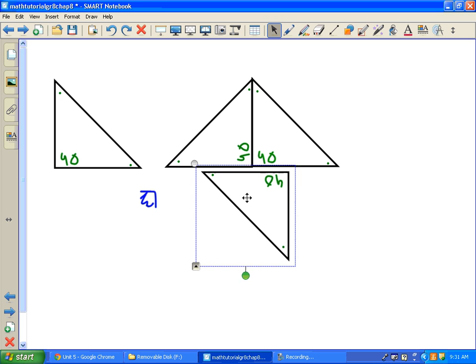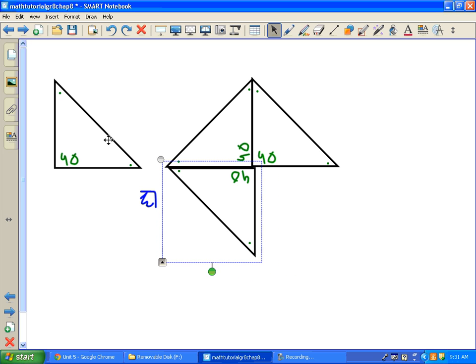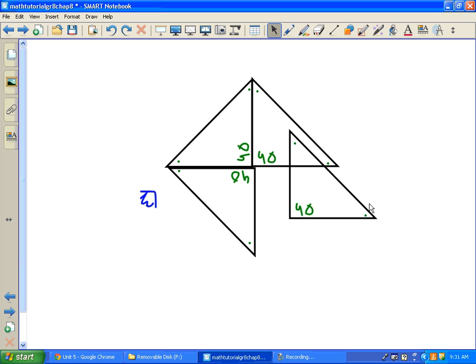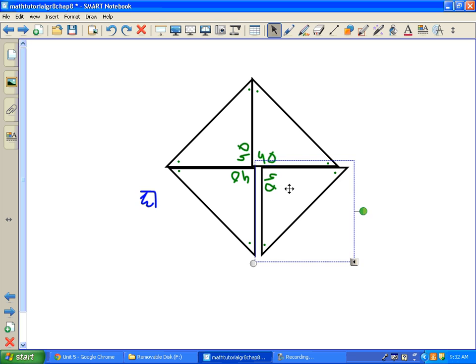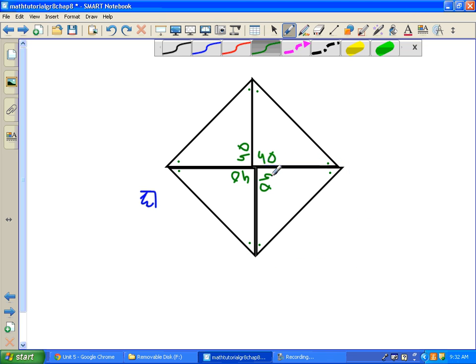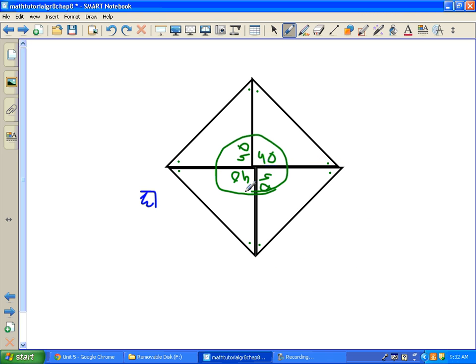There we go. Okay, and of course I could take this one and put it together just like that. And you notice where all 4 of those angles are together here, it basically goes right around almost in a circle. So 90 plus 90 is 180, plus another 90 and 90 is 360 degrees.